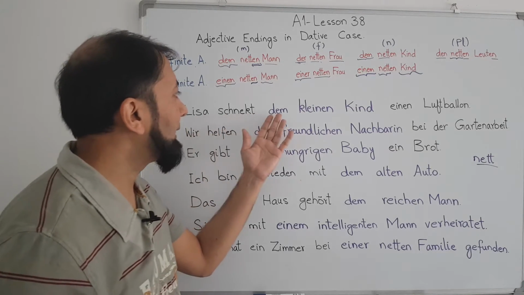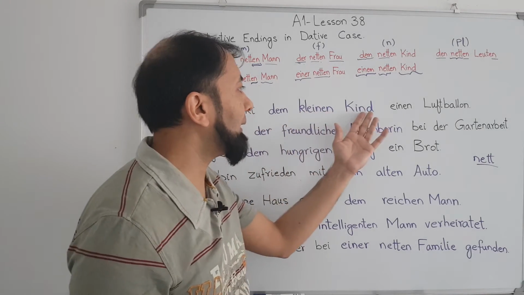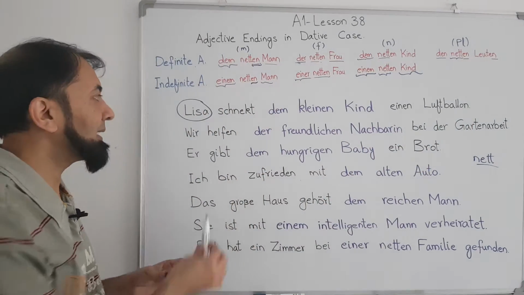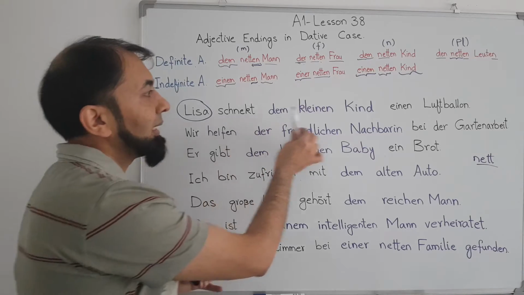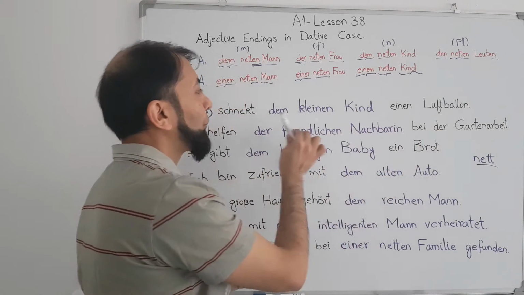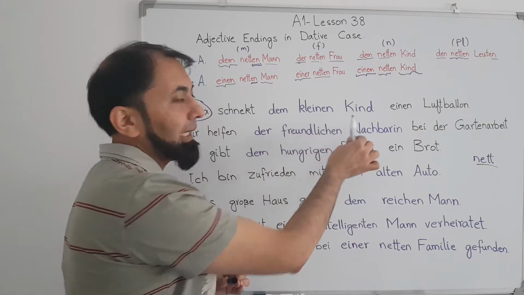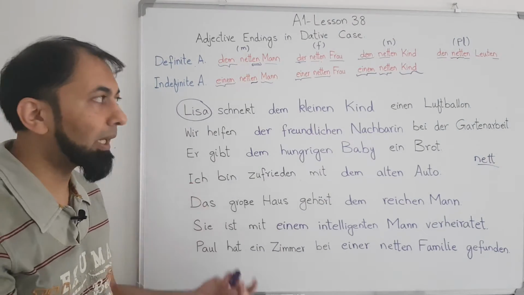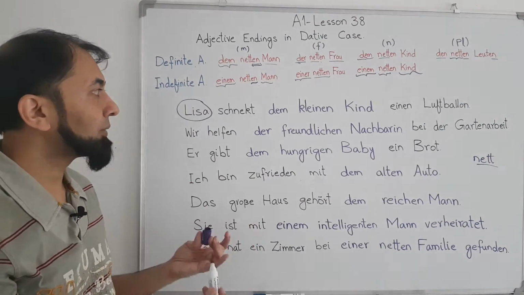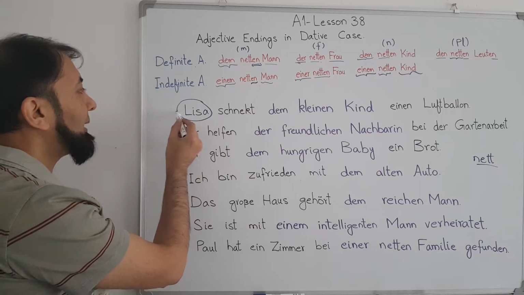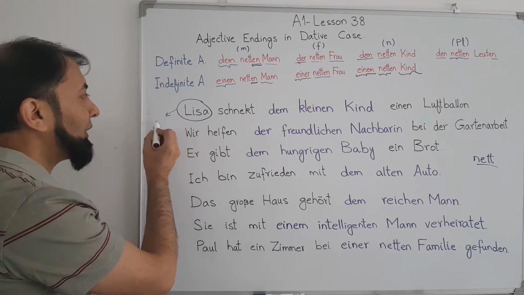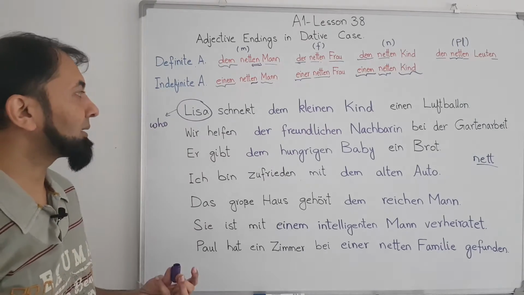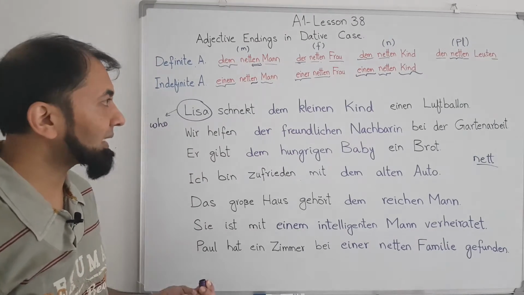Lisa schenkt dem kleinen Kind einen Luftballon. So this sentence means Lisa gives a balloon to a small child. Now in this sentence, who is giving what to whom? Who is giving is Lisa, and we know that who is the nominative case, the subject of the sentence.